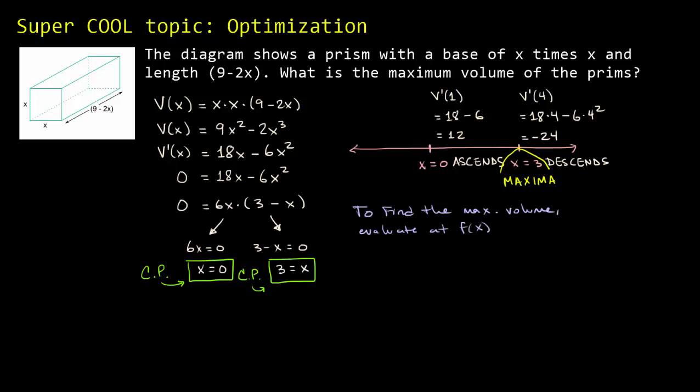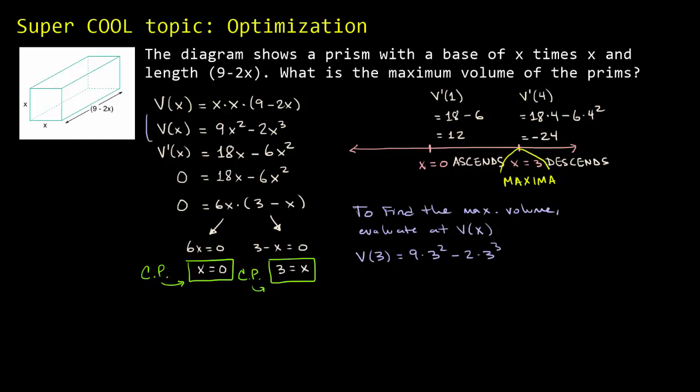We pick V of x, and we're going to evaluate V with a value of 3. Substitute 3: we get 9 times 3 squared minus 2 times 3 to the third.